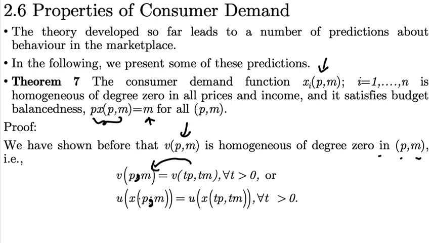Similarly, when you write the indirect utility function in the form of the direct utility function like this and specify it further, when you multiply the prices and income by a scalar, it gives you the same utility. So that is homogeneous of degree 0. I don't have to explain this in detail because I did mention this concept previously.